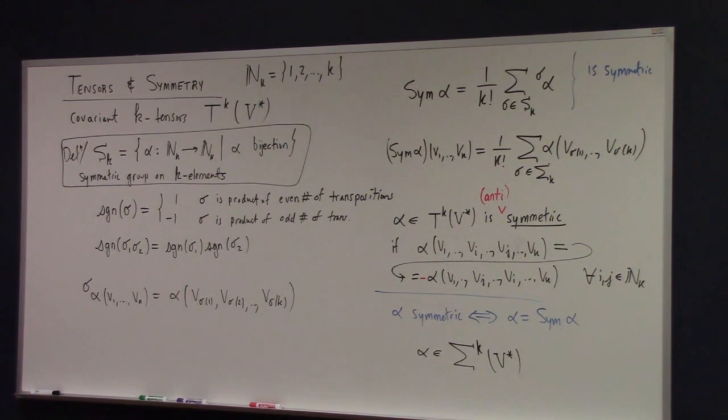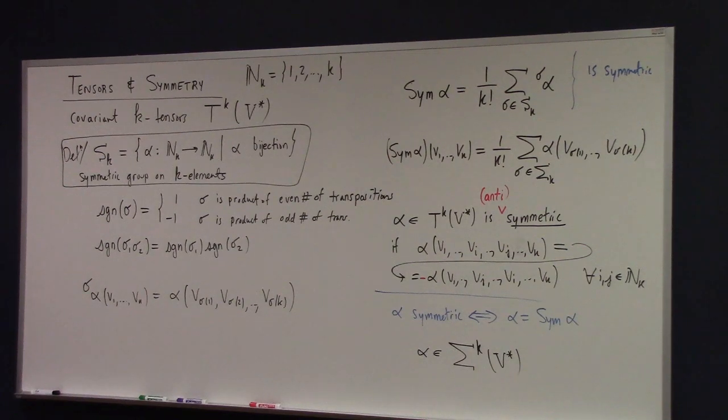I don't know what the correct way to say this exactly is, but what these things are are smooth covariant k-tensor fields.